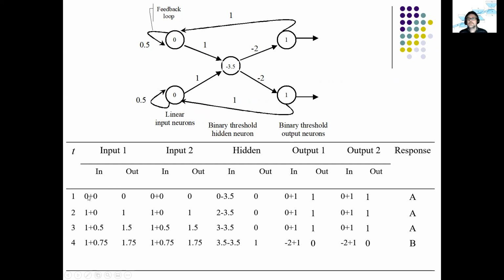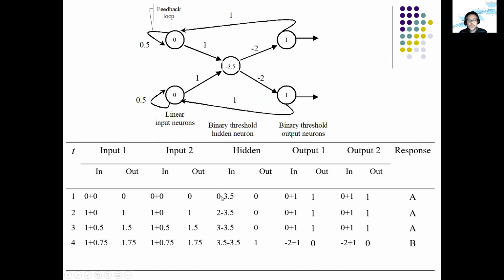The other 0 comes from the initial X signal, which we said is going to be 0. So this is going to produce at the output a signal of 0. The same thing happens for the second input node. Then we have two zeros as a result at the output of the input nodes, and these are multiplied with weights of 1, and they form the input of the hidden node.